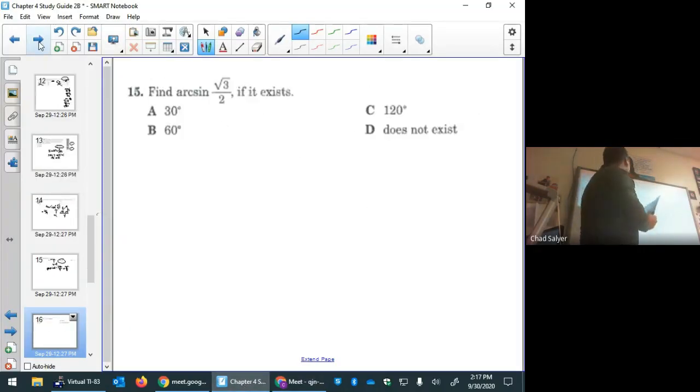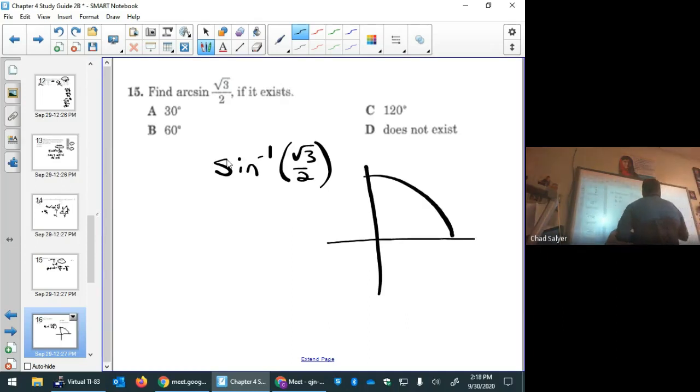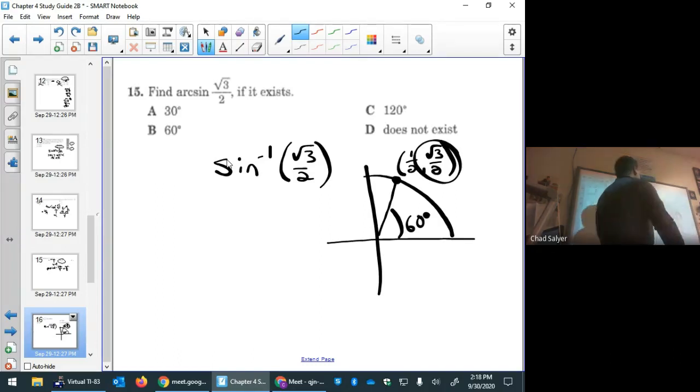Then number 15, find arc sine, which is another way to say the sine inverse. These are the ones I like to work out because they really exercise your knowledge of the unit circle. So at 60 degrees, the y value is the square root of 3/2.